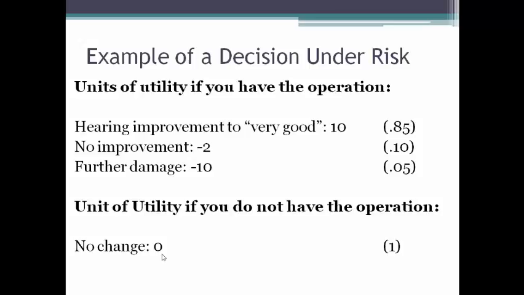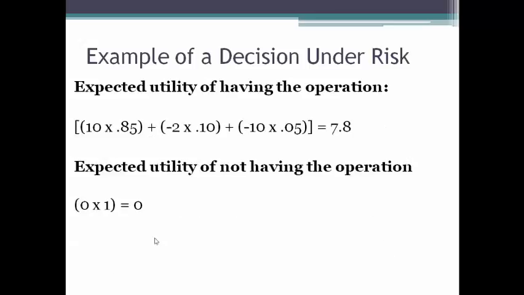Now, using the rule we set out before, we can take the three options, this 0.85 chance of improvement and the 10 units of utility that would give you, multiply that, add that to the 0.1 chance that there'd be no improvement, and multiply that by the negative utility, and then the 0.05 chance that there would be damage, and multiply that by the negative utility.